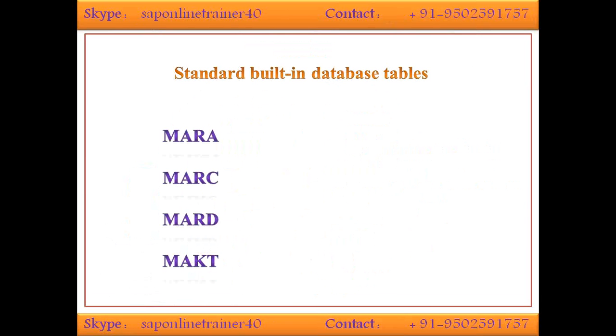And this standard database table MARA will maintain material master data. Now I will show you one by one. Firstly I'm going with MARA. Later on I will show you the other standard database tables. First of all I'm going with MARA.